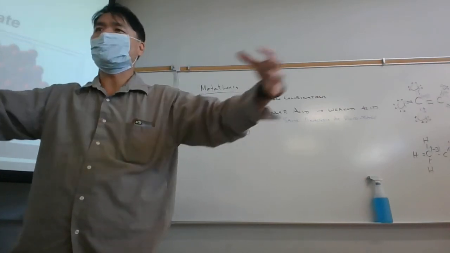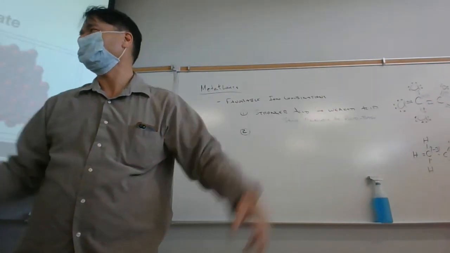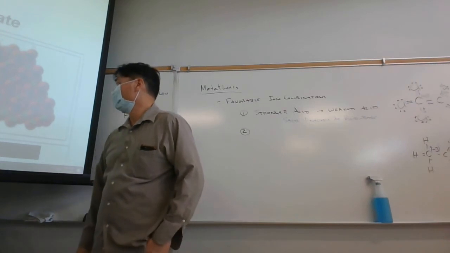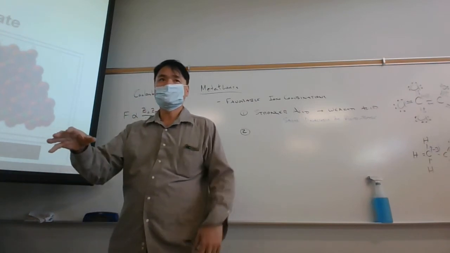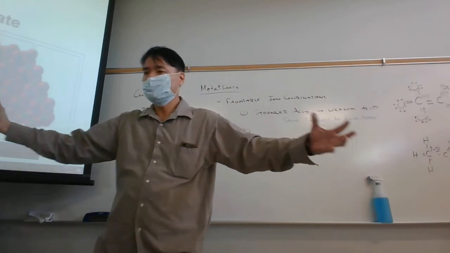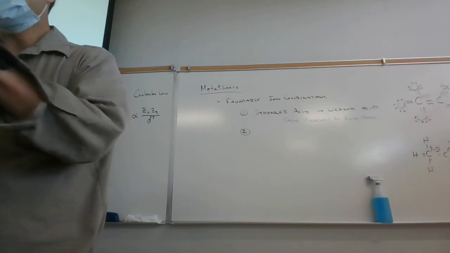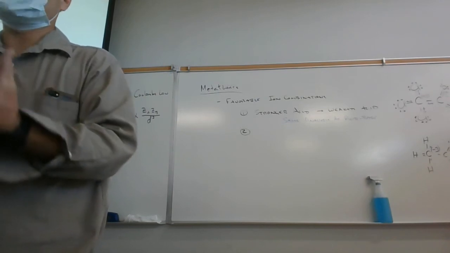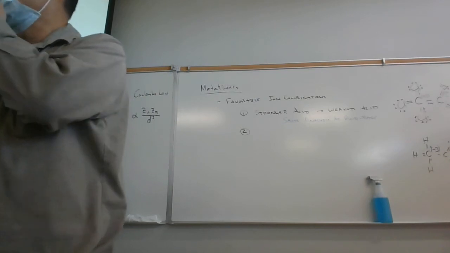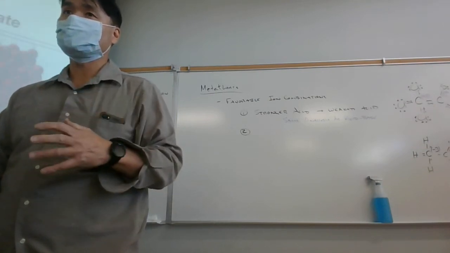If you have bromide or iodide, the -1 charge is more diluted. In other words, it's spread out over a much larger volume. And so the higher the charge and the smaller the ion, the more reactive it is. That is because it has a higher, what we call charge density.